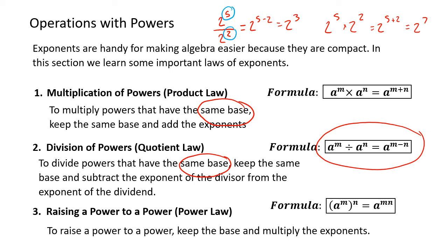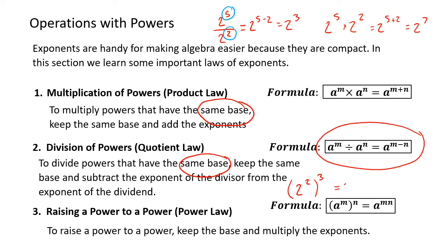Our last one is if you have a power, so let's say 2 squared, and that is all in brackets, including the exponent, and it's raised, let's say, to the exponent 3. If you have that instance, then you multiply the two exponents together.